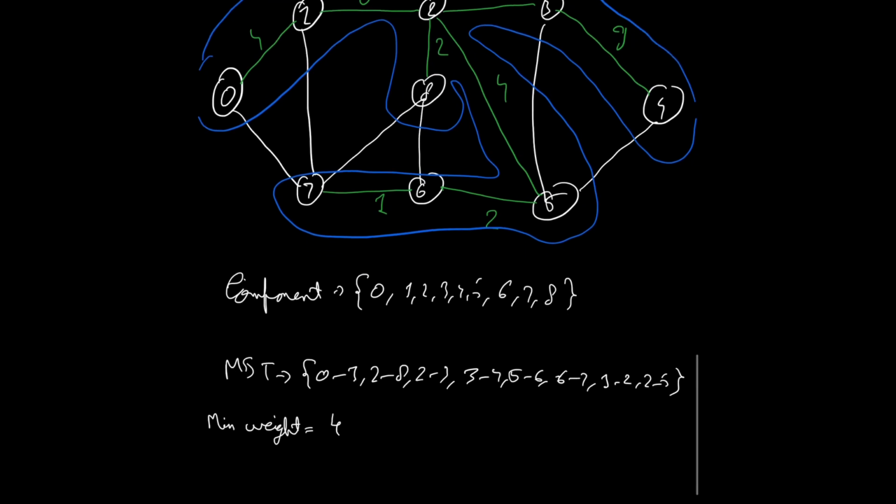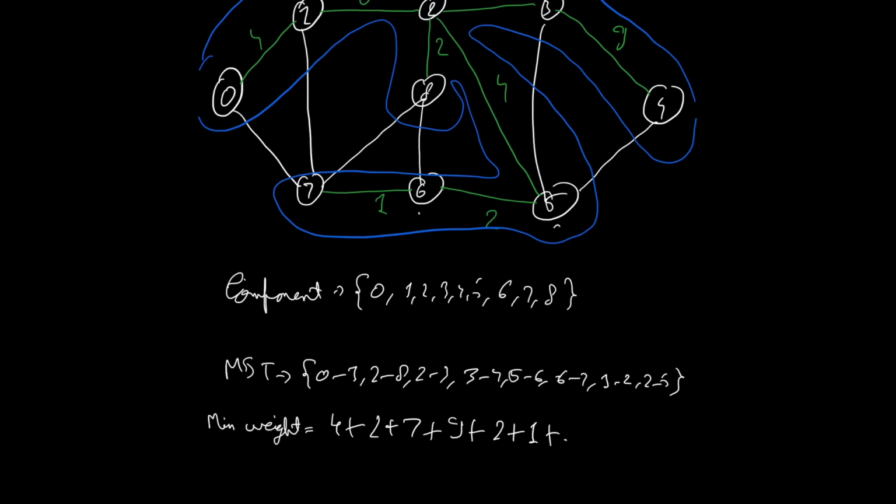plus 2 for 2, 8, plus 7 for 2, 3, and then we have 3, 4. So for 3, 4 it's plus 9. For 5, 6 we have plus 2. For 6, 7 we have plus 1.